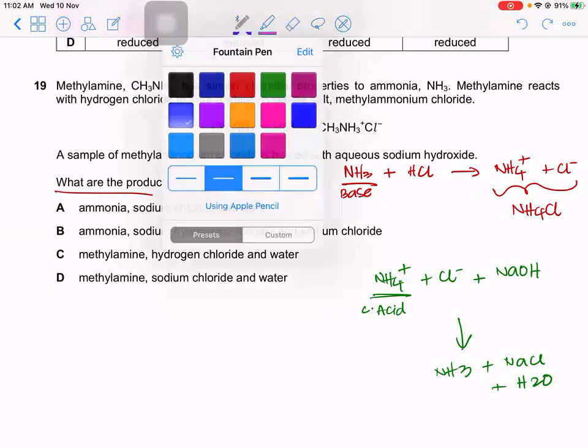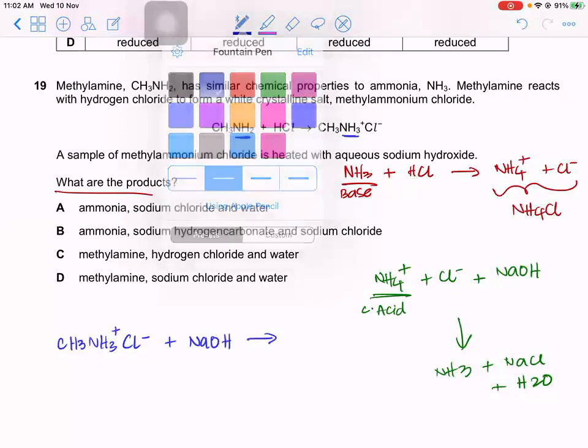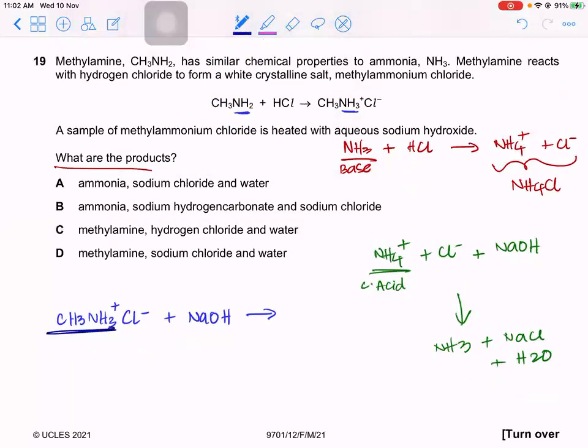Let's see how. So you see CH3NH2, the NH2 gains a proton, becomes CH3NH3+. And then they are saying when this CH3NH3+ Cl minus reacts with NaOH, what will you get? This will become NH2 now. Because you see, NH4 was becoming NH3. So the NH3 will become NH2.